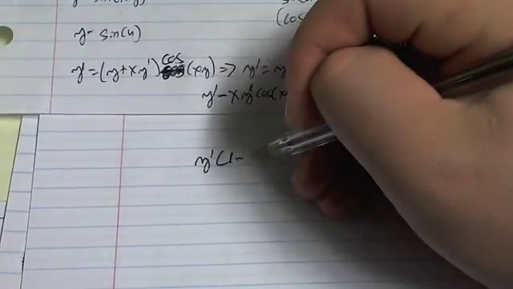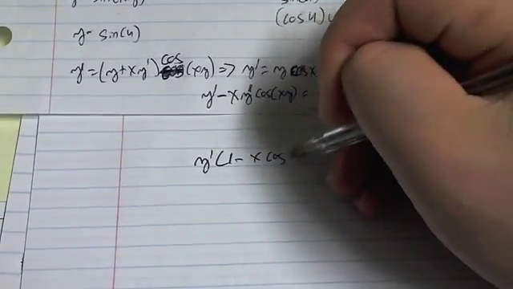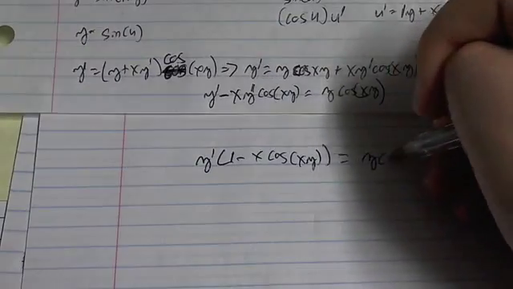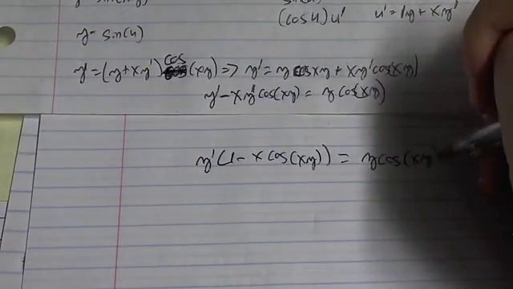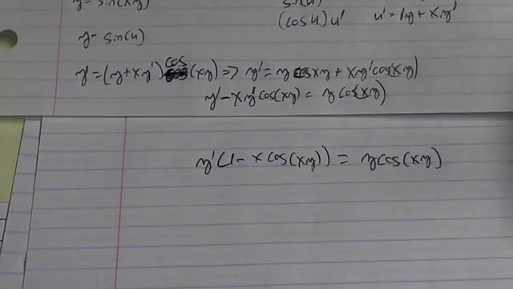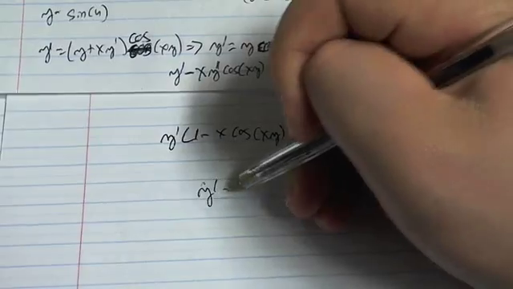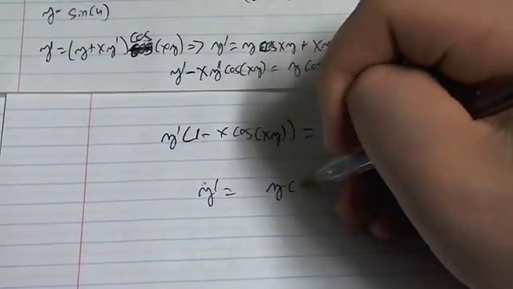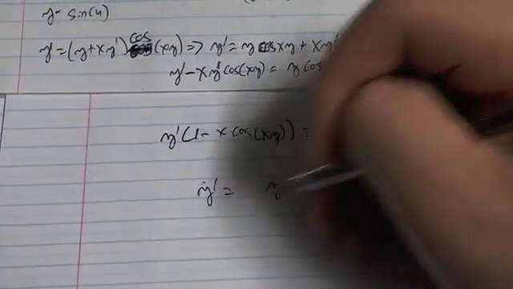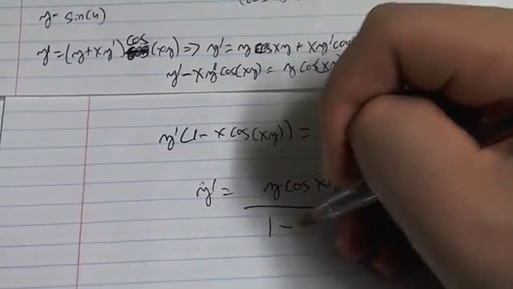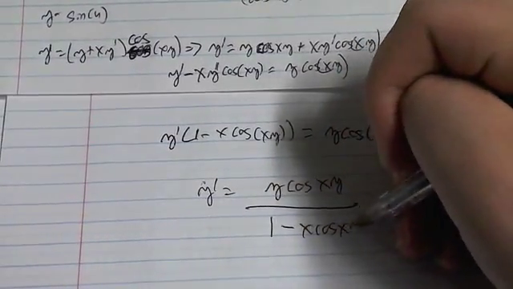You have 1 minus x cosine xy is equal to y cosine xy. Now we have to divide by 1 minus x cosine xy. So y prime is equal to y cosine xy divided by 1 minus x cosine xy.